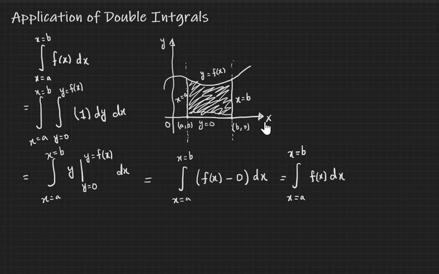It means that as a single integral, this is interpreted as the area of the region under the curve y equals f of x from x equals a to x equals b, right? And in terms of double integrals, we can say that this is the area of the region which is bounded by four boundaries: x equals a, x equals b, y equals 0, and y equals f of x.